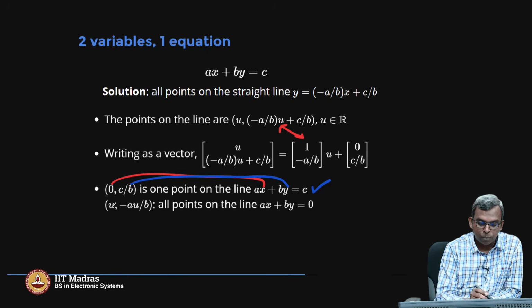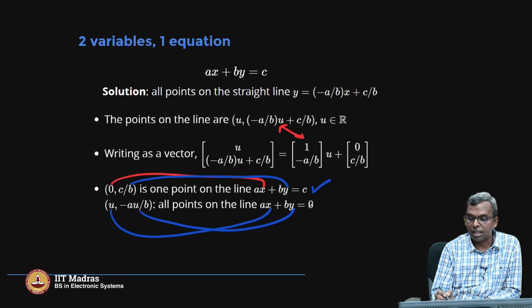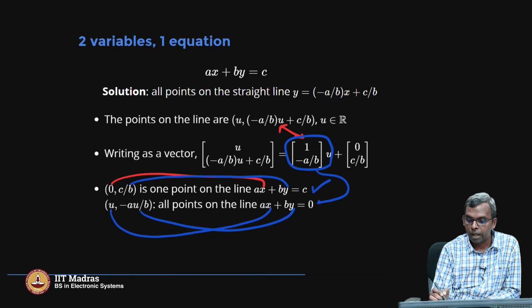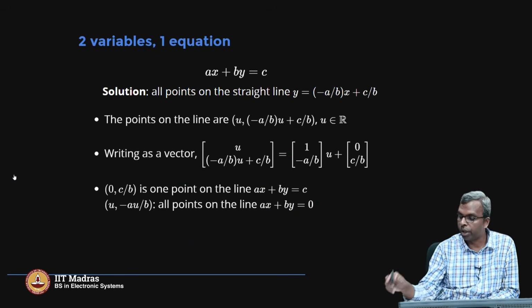You can see that if you put x equals u and y equals minus au by b, these two terms will cancel and you will get 0. So all these points interestingly are on the straight line ax plus by equals 0. This is an important point to keep in mind.